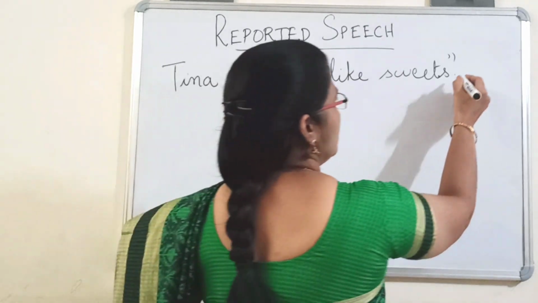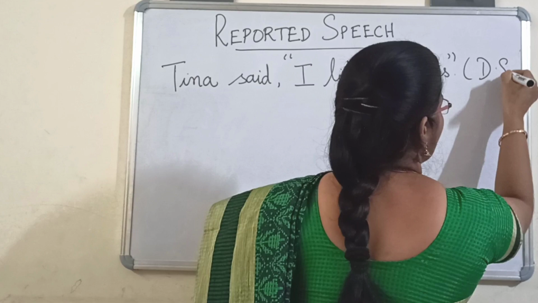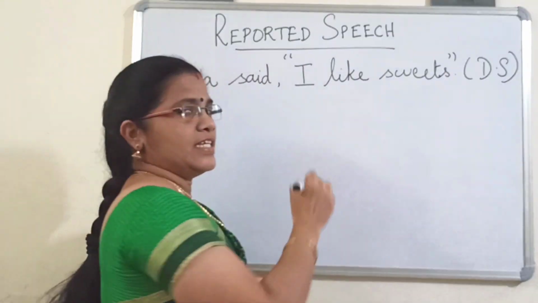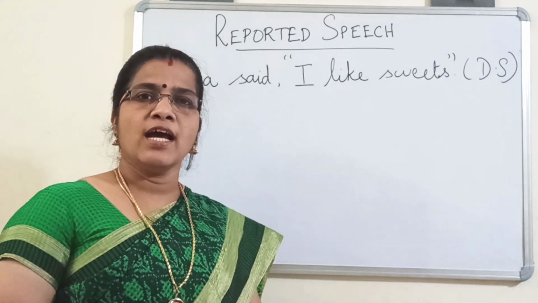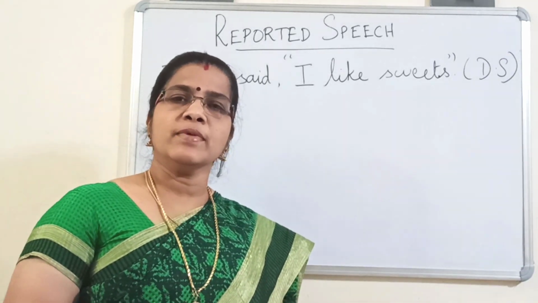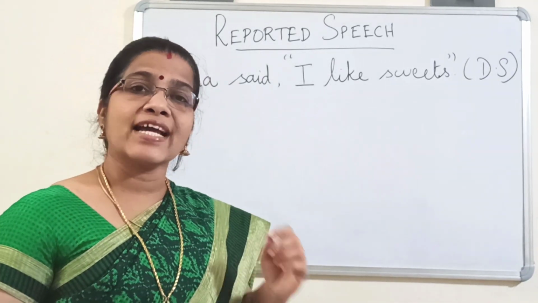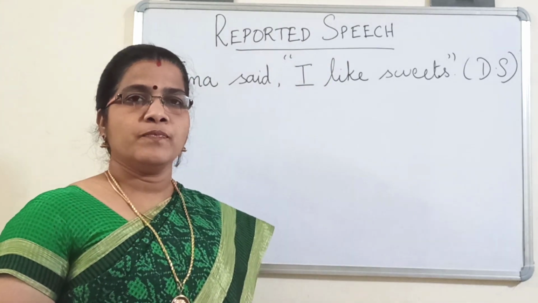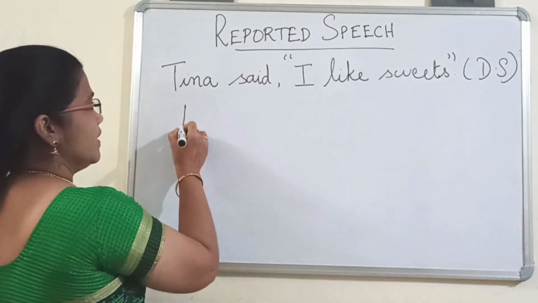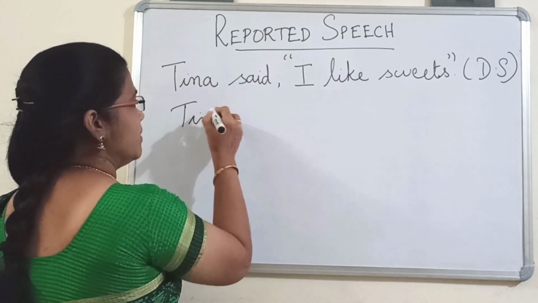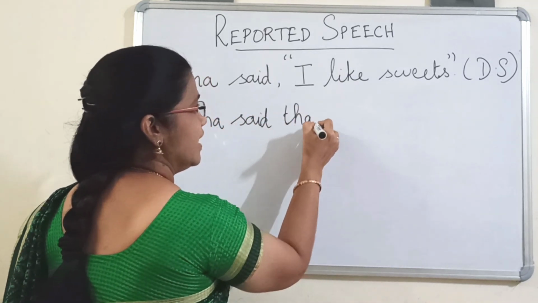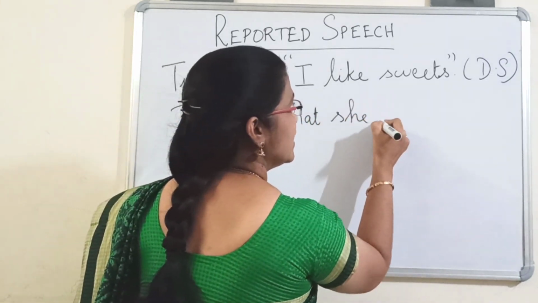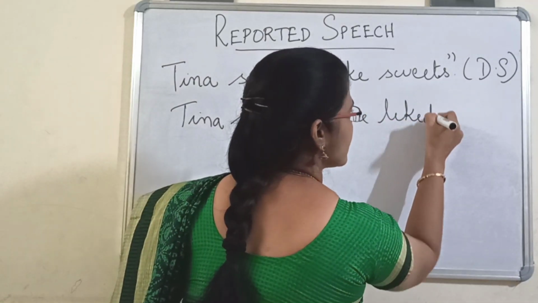Here I have made use of the same words spoken by Tina. This is an example of direct speech, and now the same thing can be conveyed without using the actual words of the speaker. I can also say it like this: Tina said that she liked sweets.